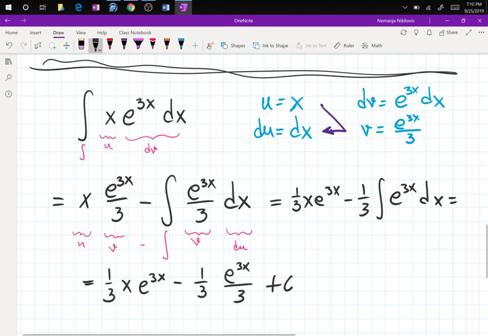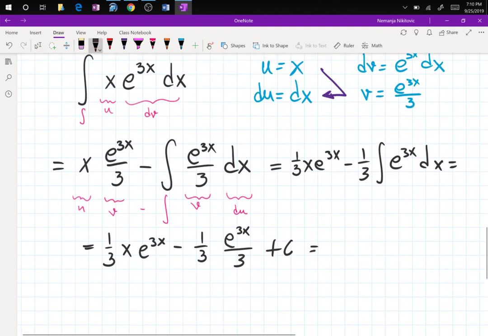And then plus c. So you got another 3 in the denominator, because you have to copy the one that is already there, the one that I kicked outside, which is still here. And then when you integrated this, you created another 3.